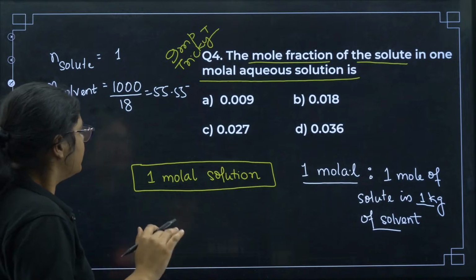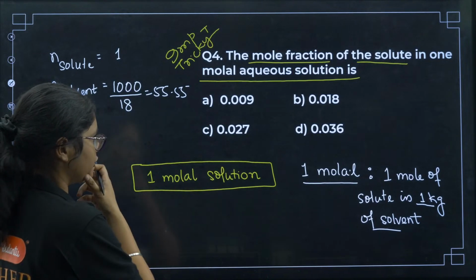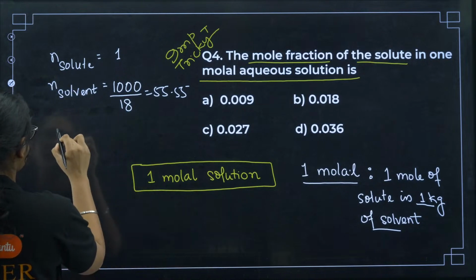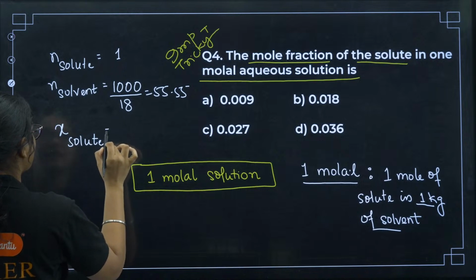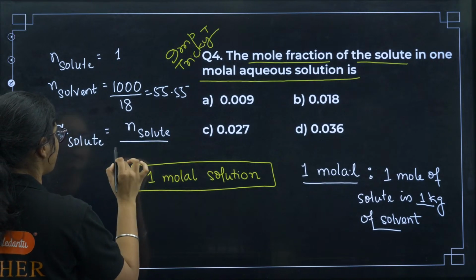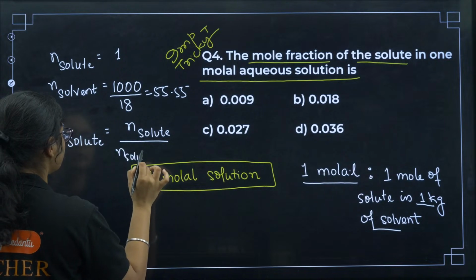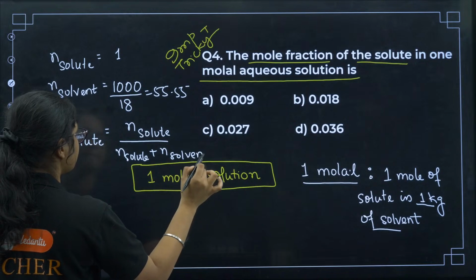Now if I want to calculate the mole fraction of the solute, that is equal to the number of moles of solute divided by the number of moles of solute plus the number of moles of solvent.